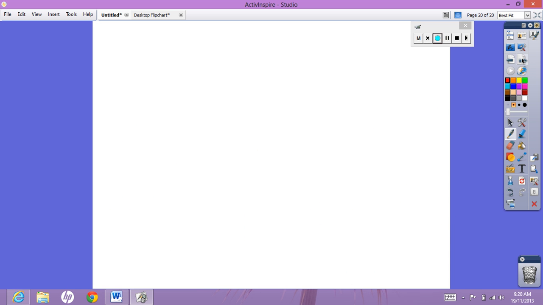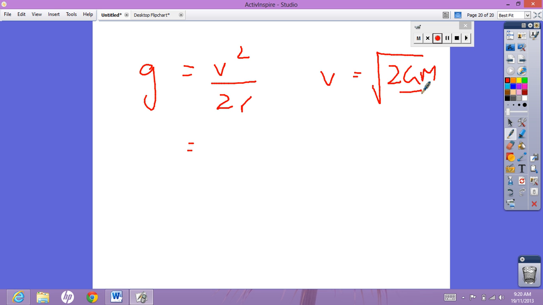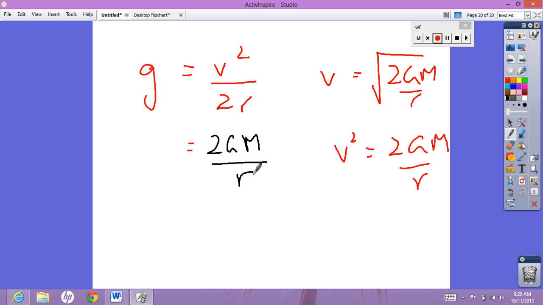So we've got g equaling v squared on 2R. And we know that v equals the square root of 2GM on R, so v squared would equal 2GM on R. Putting that value over here, we get 2GM on R divided by 2R.